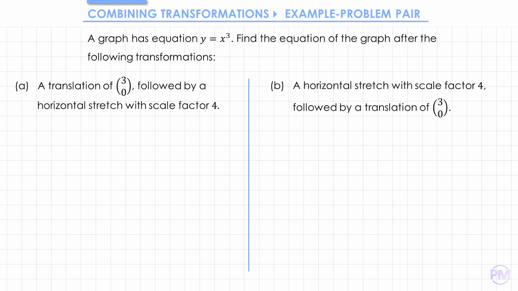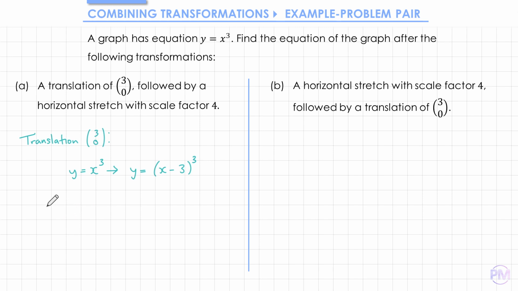So let's apply the transformations in part A. First of all, we have a translation of (3, 0). Let's write down the effect that has. So, translating (3, 0) means replace x by x minus 3.